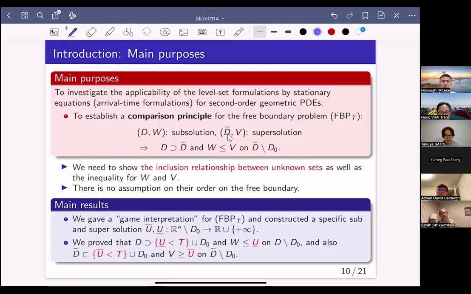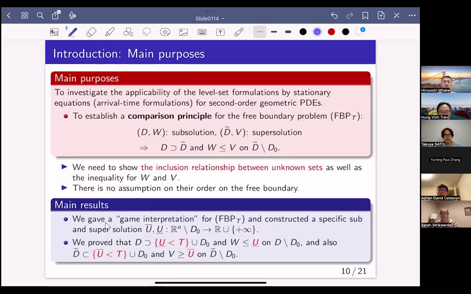The usual PDE technique, for example the doubling variable method itself, cannot work to show the inclusion relation for D and D tilde. So we need another tool. We want to use the game interpretation for free boundary problems.